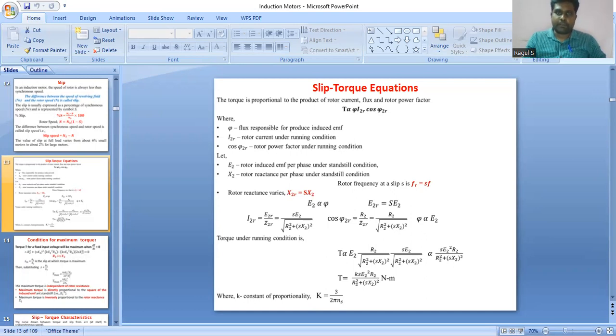The formula of efficiency is output power divided by input power, but usually efficiency is calculated in percentage, so output power divided by input power into 100. The input power is nothing but output power plus losses. These are the losses and efficiency of the induction motor. Thank you.